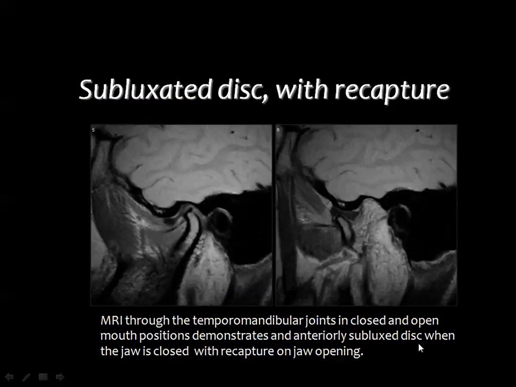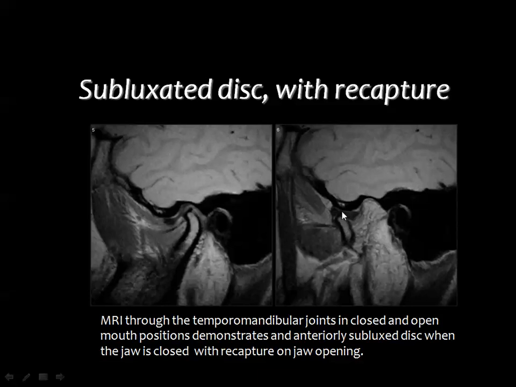Then this is a subluxated disc. And you look here, this is the temporomandibular joint, and this is the disc. The intermediate zone is anterior to the mandibular condyle. This means that this disc is slightly subluxated anteriorly. Then during opening the mouth, the disc has recaptured or regained its normal position.